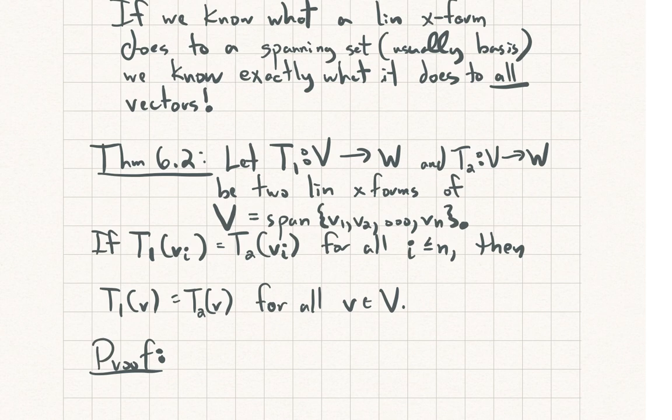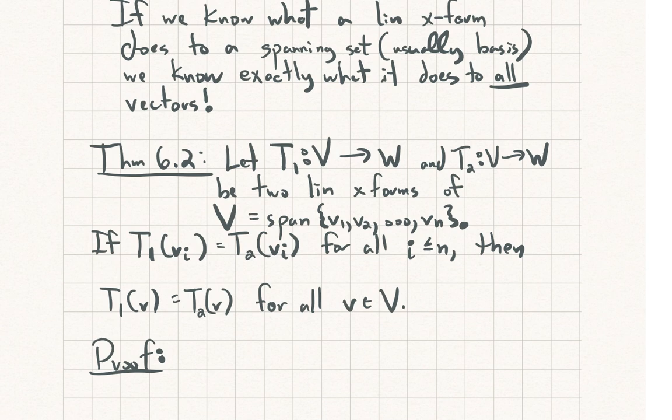So let's go ahead and show this. Let's just take some vector v and apply both T1 and T2 to it, and we want to show that we get the same thing. And we're allowed to use the fact that for any vectors in our spanning set, T1 of Vi equals T2 of Vi.